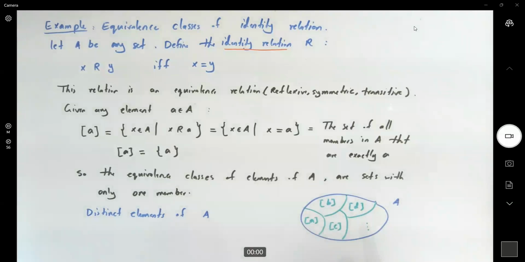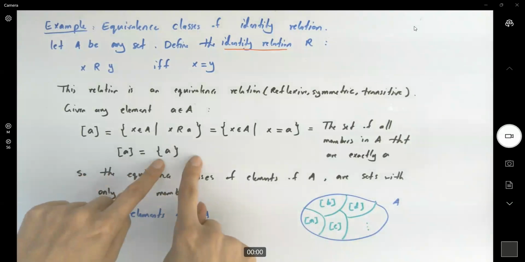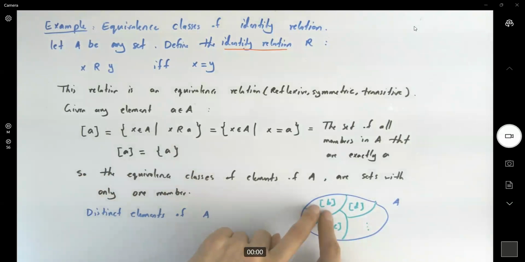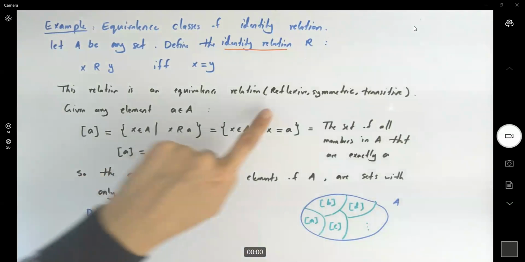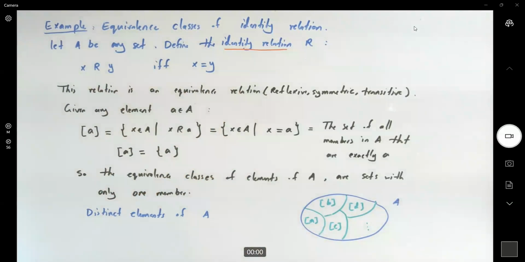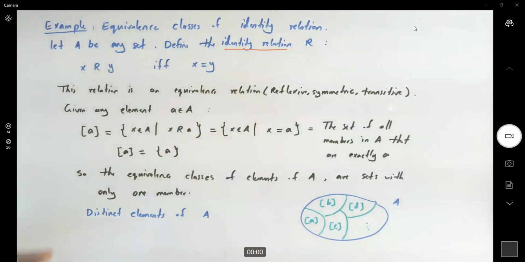All of these have only one member in them. Equivalence class of A is the set including A, equivalence class of B is the set including B, and so on. That's how we form the equivalence classes when you have the identity relation. Guys, again, for each relation, you have a different analysis. This is for the identity relation.